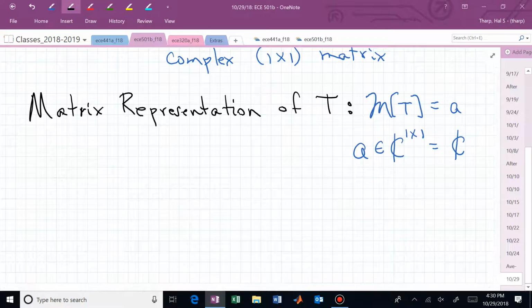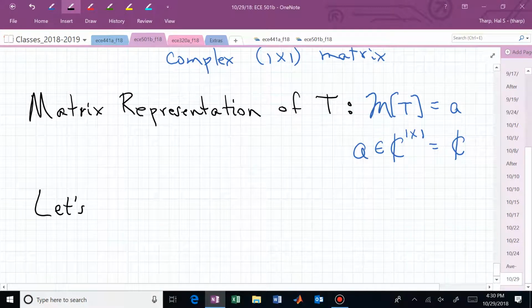If that's the case, let's now apply this definition of the adjoint and see what happens.